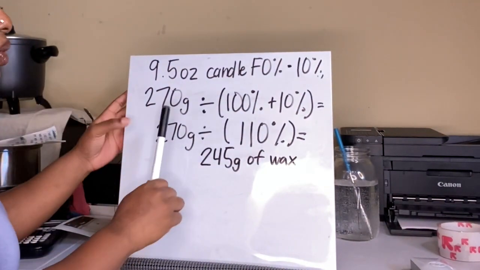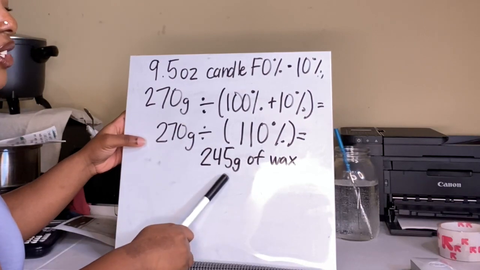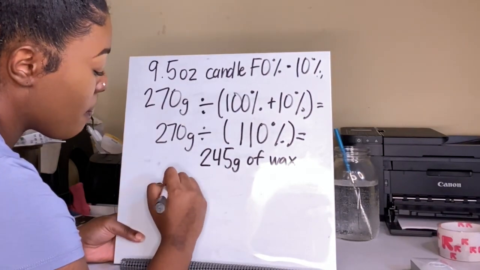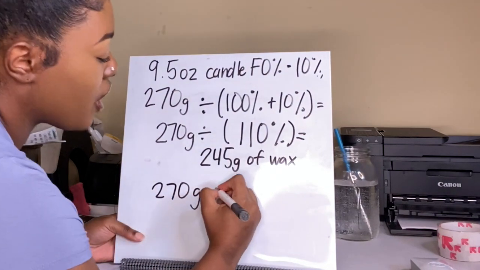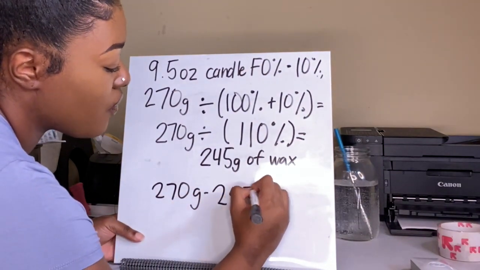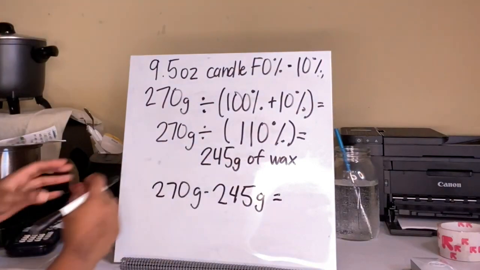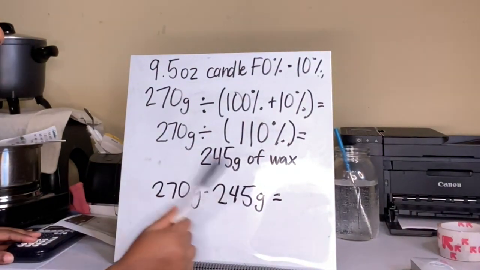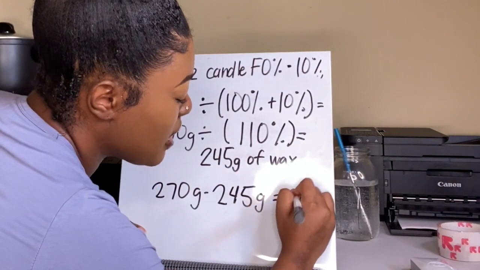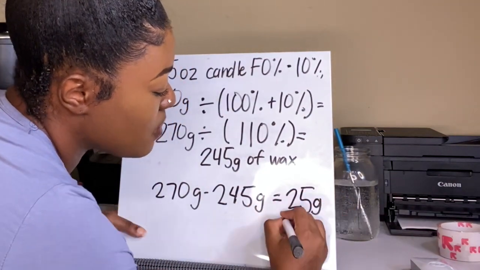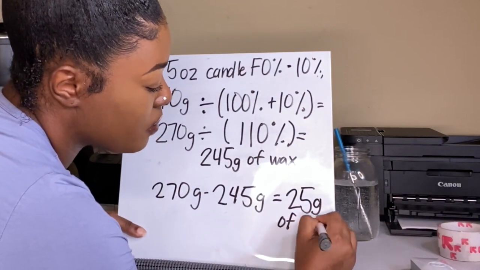So you take your net weight minus your fill weight, which is 270 grams minus 245 grams. That gives us how much fragrance oil is needed. I believe that's 25, but I like to make sure. All right, that's 25 grams of fragrance oil.